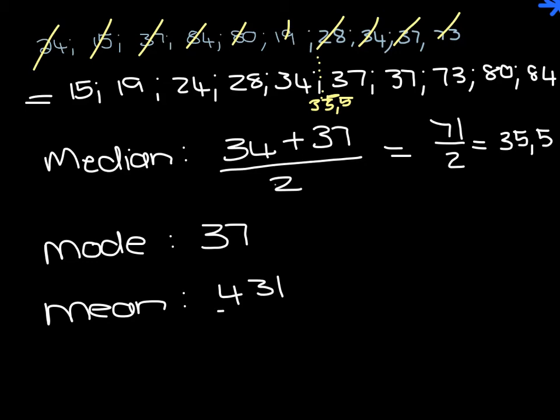You take this and you divide it by the number of numbers in here, and we've now added it previously. There is 10 numbers. So you divide it by 10, and that will give you a mean of 43,1.